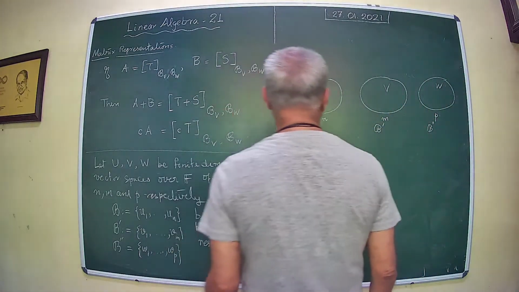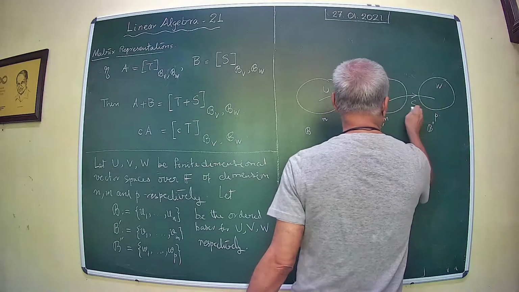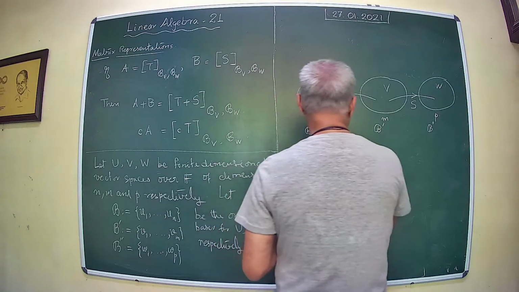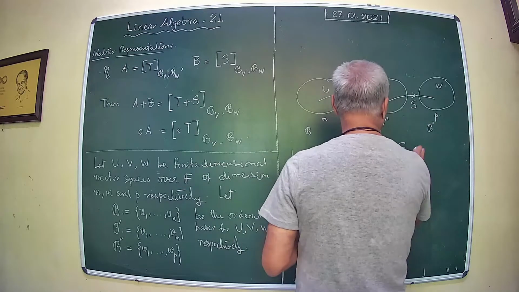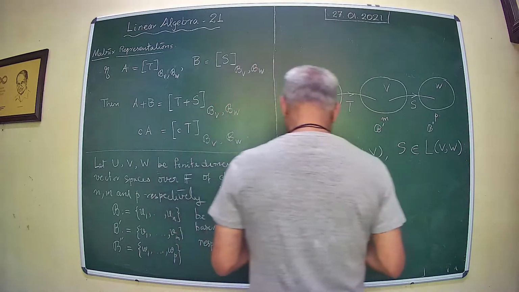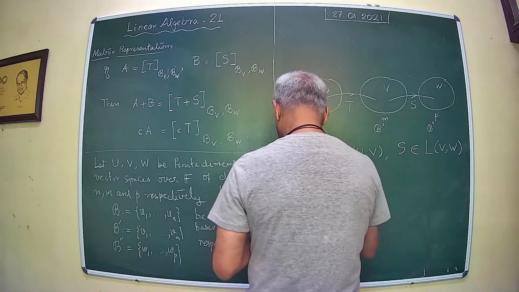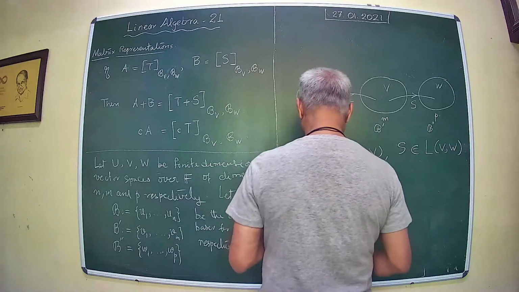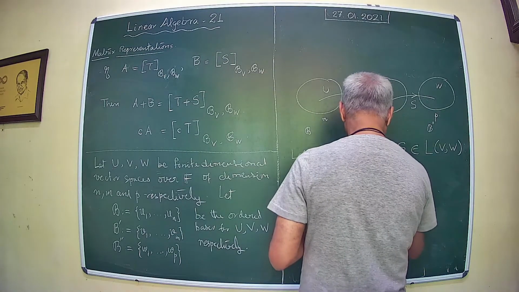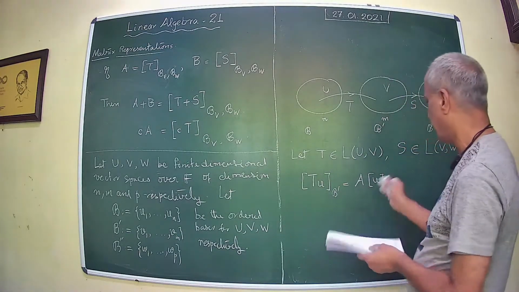Now we have, so let T be given. Then what you have is this: T of U, the basis with respect to B prime, is equal to A times the basis with respect to B. This is the summary of what we did.